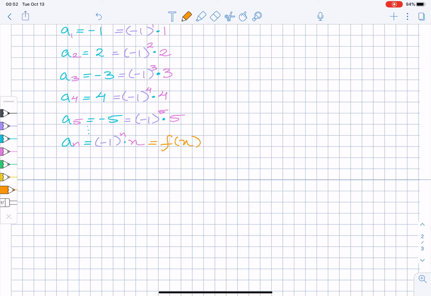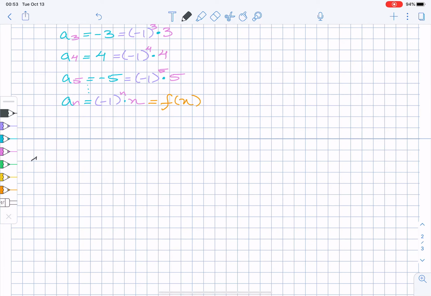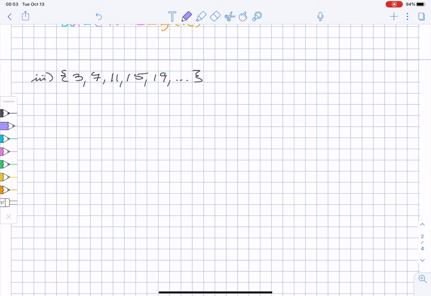Okay, I'll do 2 or 3 examples here. So now third time's a charm. Okay, so we have 3, 7, 11, 15, 19, etc. In this case we have that a sub 1 is equal to 3.